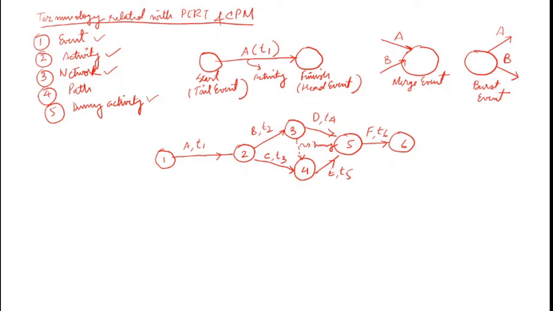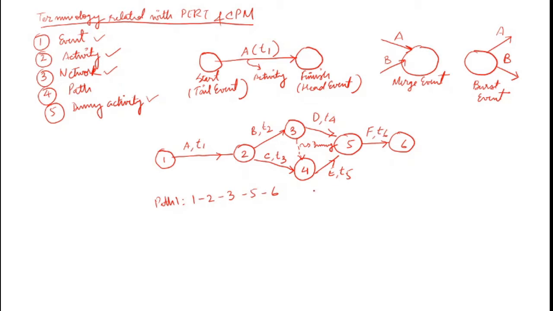So a path can be 1, 2, 3, 5 and 6. This can be path 1.